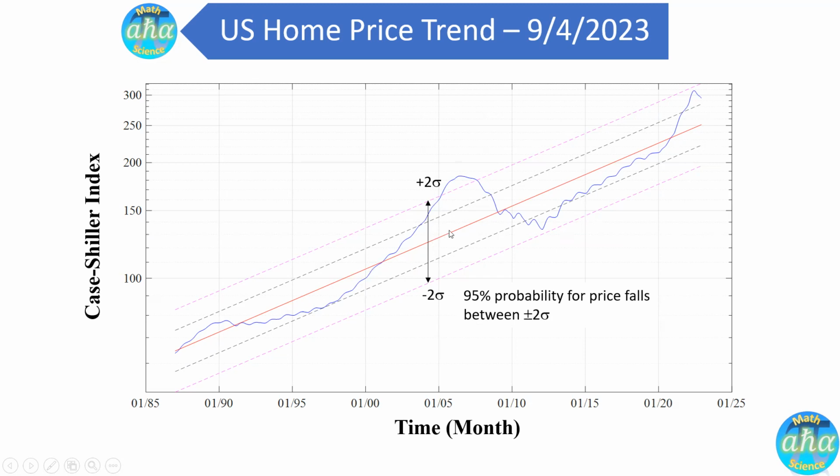As you can see here, during the subprime mortgage crisis, it went above two standard deviations. This is basically a housing bubble, and then you can see that it corrected. And obviously here there's a small deviation above the trend line, and then the correction was also smaller. That happened in the early 90s.